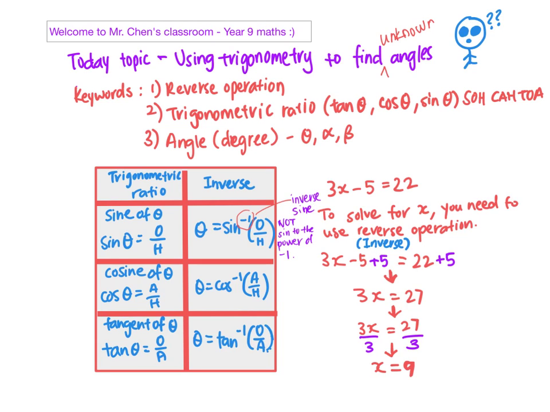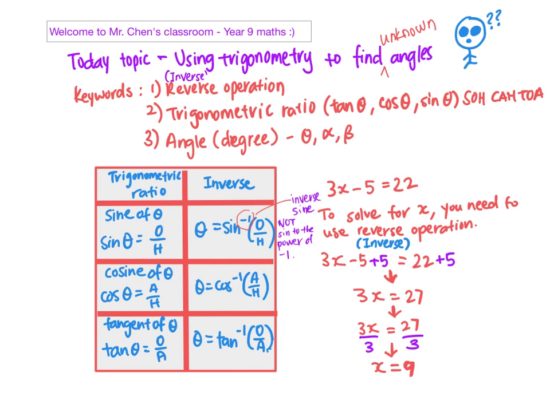To do this, we are required to know three keywords because we'll be using all three of them. The first one is called the reverse operation, also known as the inverse operation.